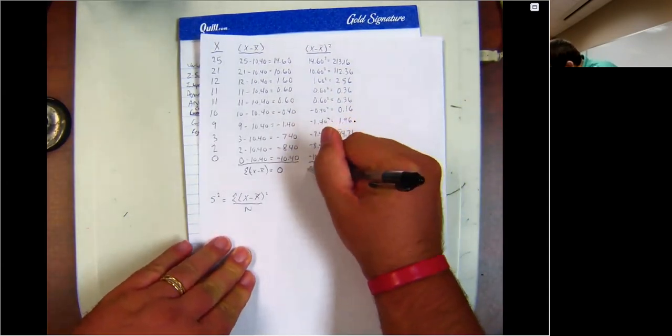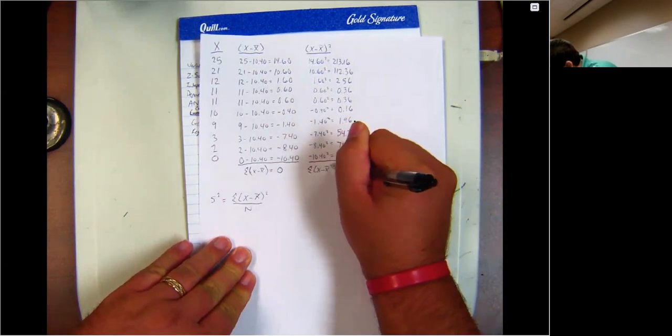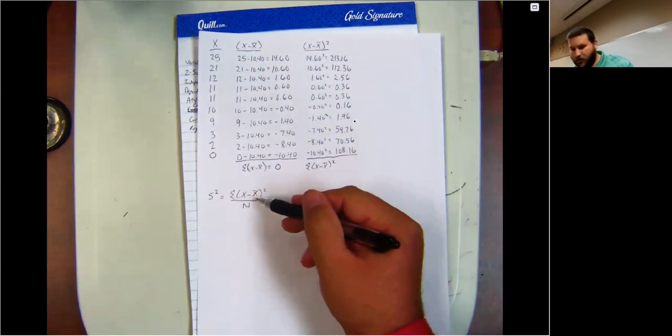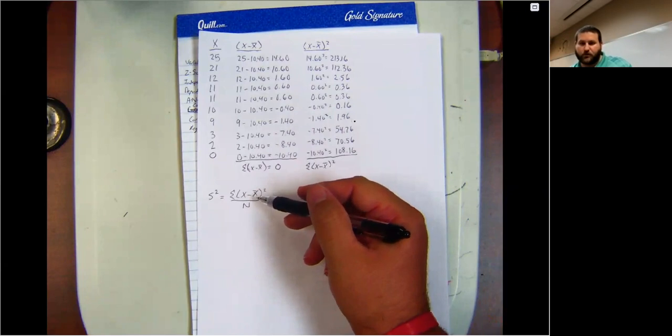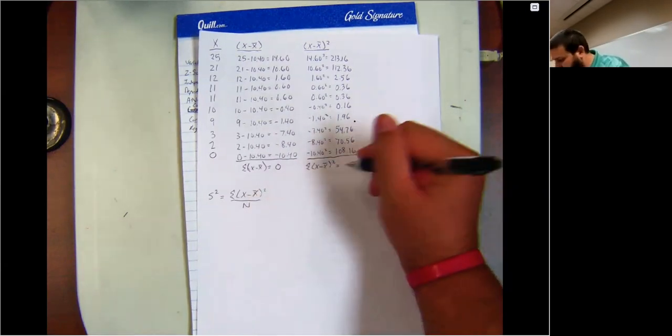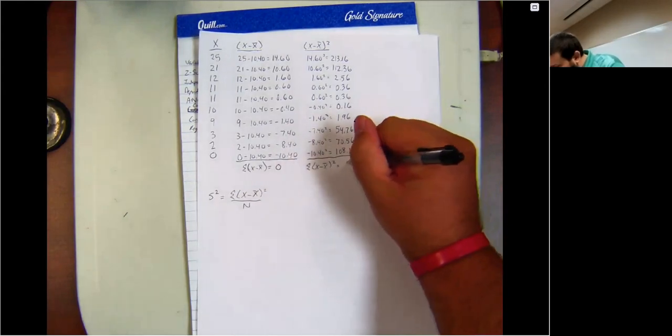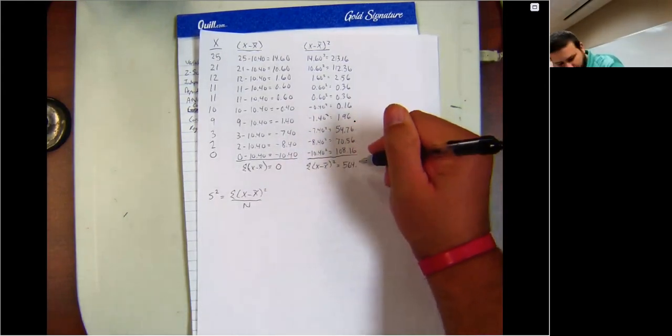If we sum up this column, we will have sum of x minus x bar squared, which is the top number we need for our variance calculation. So this is the sum of the column, and if we add 213.16 down to 108.16, we should get a total of 564.40.